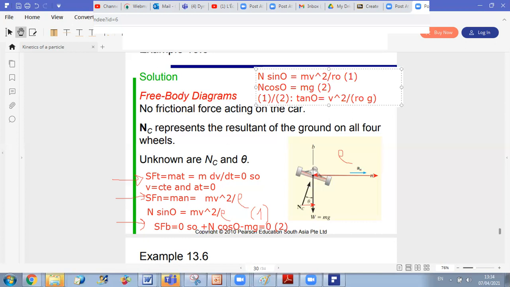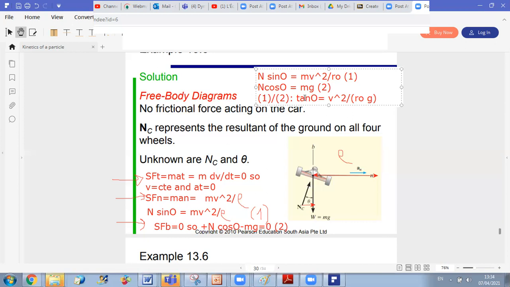So let us say I want to move with a velocity of, let's say, 150 kilometers per hour without relying on friction. You replace v by its value, and you get an approximate value of the angle theta that should be used to achieve this velocity without relying on friction.